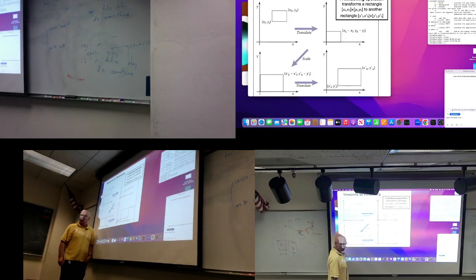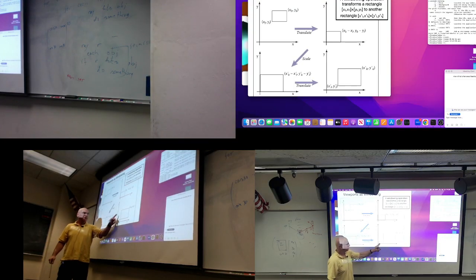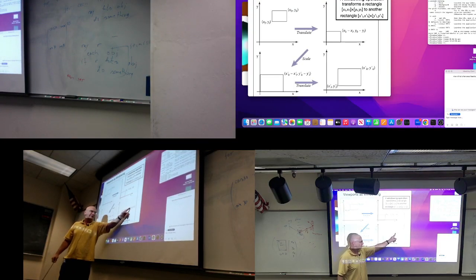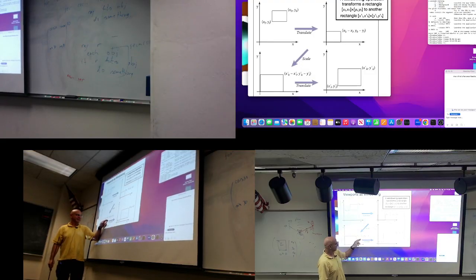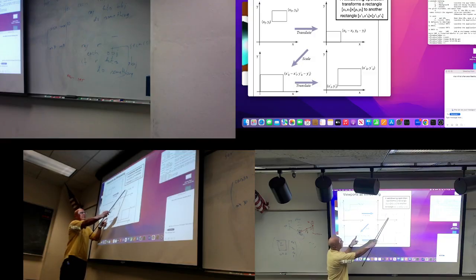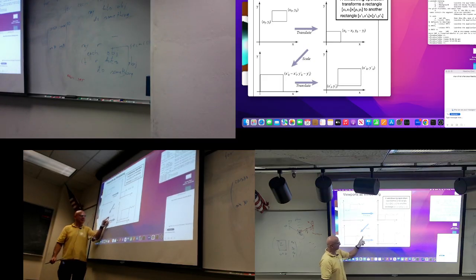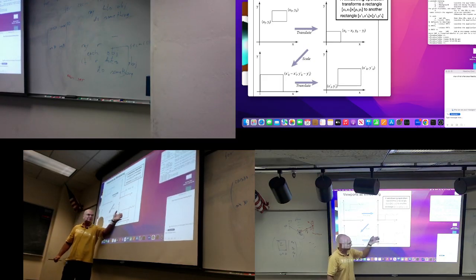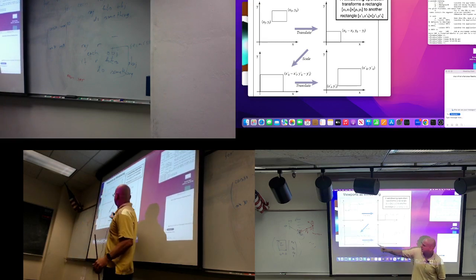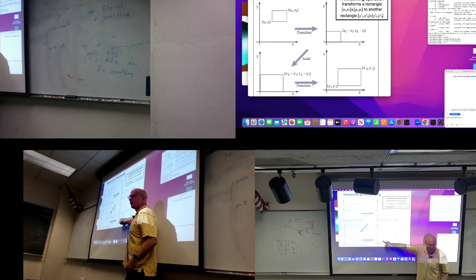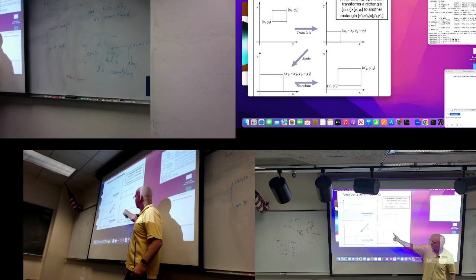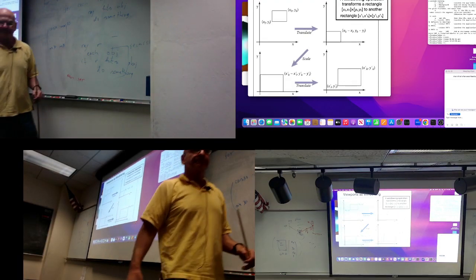Now I want to scale it, so that from x high I'll move to x high prime minus x low prime. Why do I need this x low prime? Because now I'm going to translate it in the opposite direction, putting the lower left corner where it should be, and then the upper right corner will just be translated.